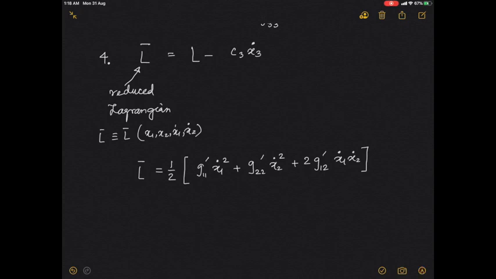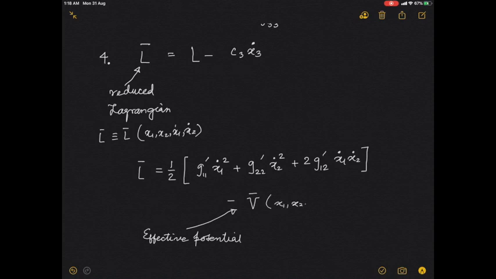You see that this is my entire kinetic term which doesn't have any x3 dot term, and then minus, I will get an effective potential just like the reduced Lagrangian. This will be a function of x1, x2, x1 dot and x2 dot.